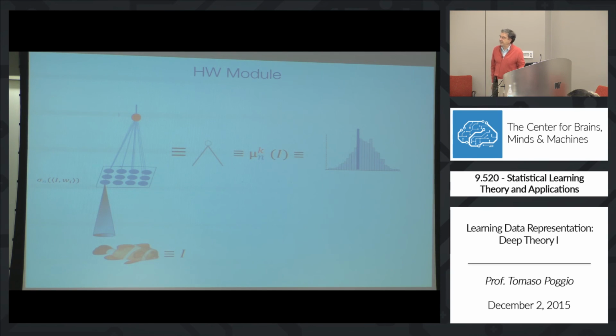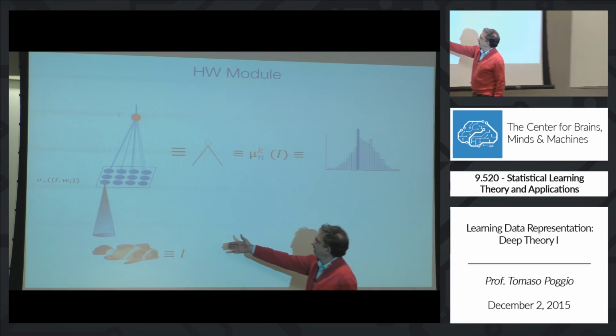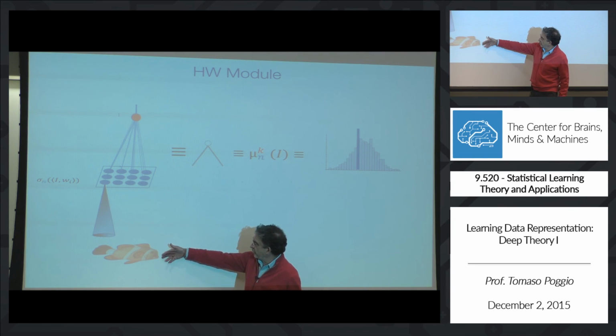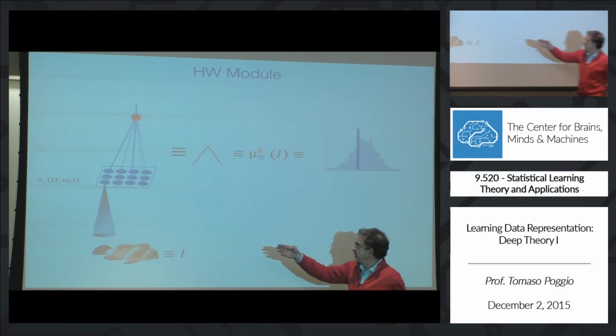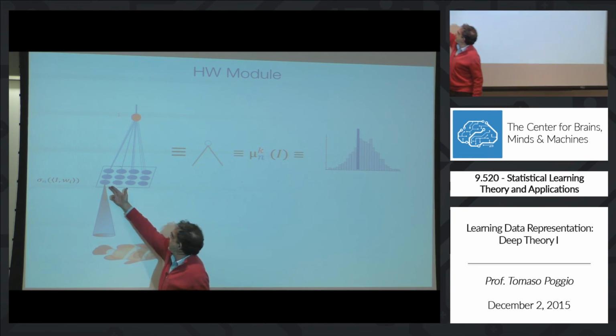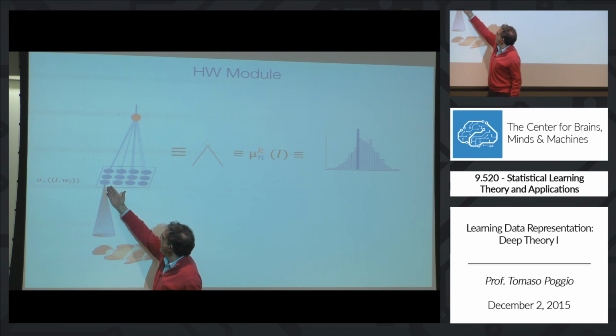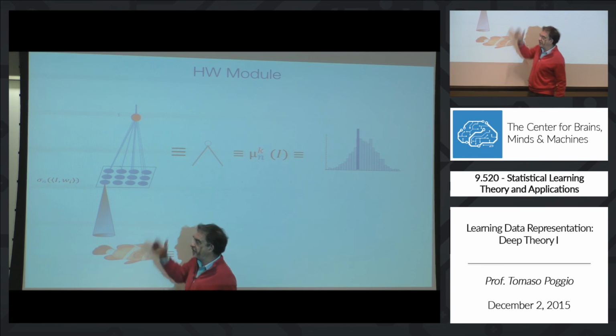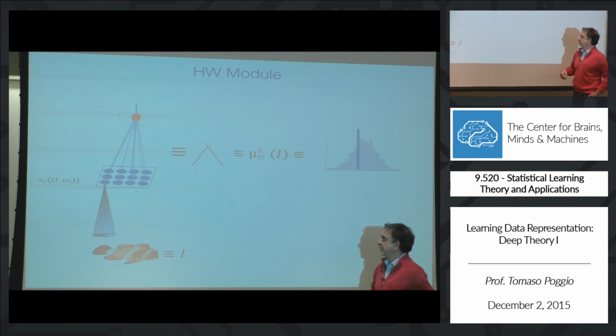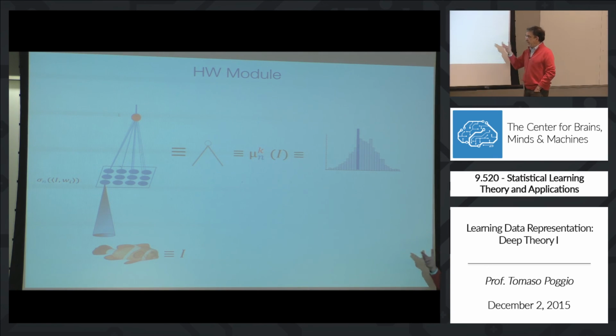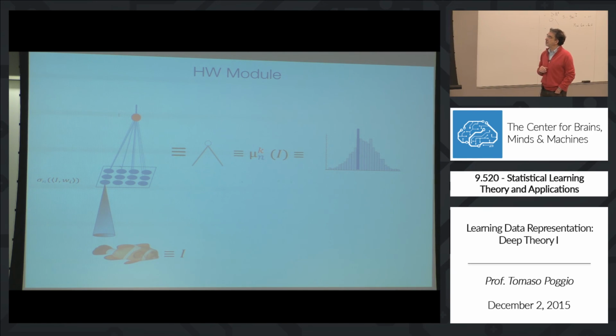So again, you have an object, you have several filters, like simple cells, and they are doing dot products with the image, and they have different transformations of it. For instance, in the case of the simple cells of Hubel and Wiesel, the transformation was translation. They are in different positions. So you get different activity of these simple cells corresponding to the value of the dot product with the image.